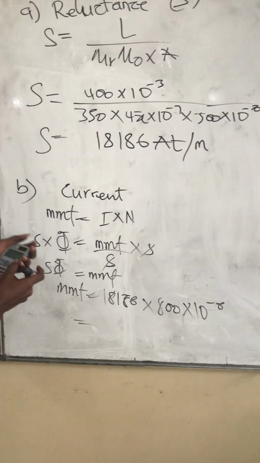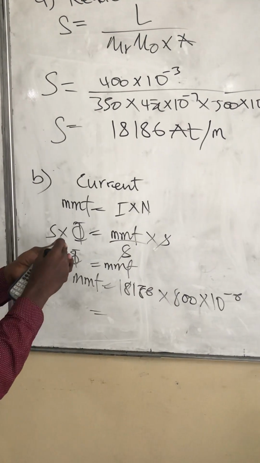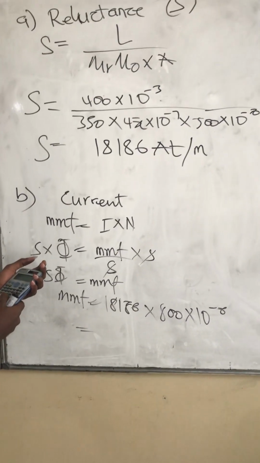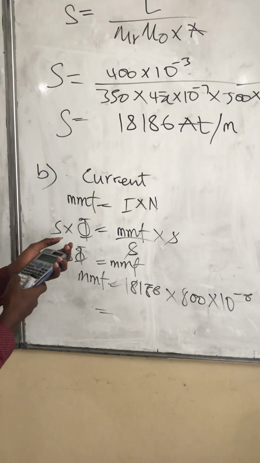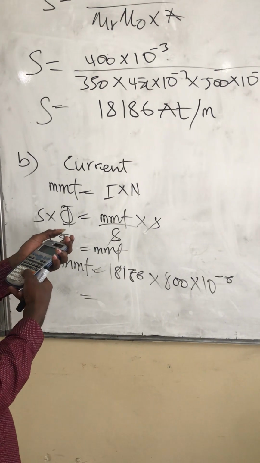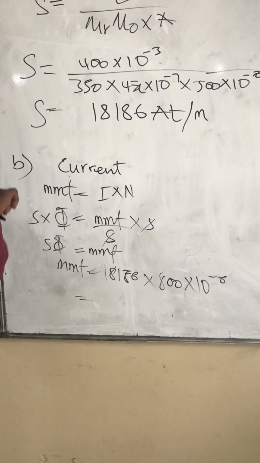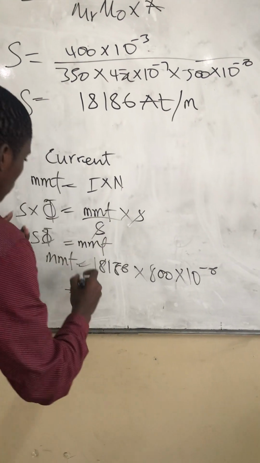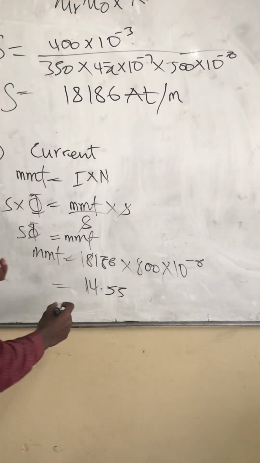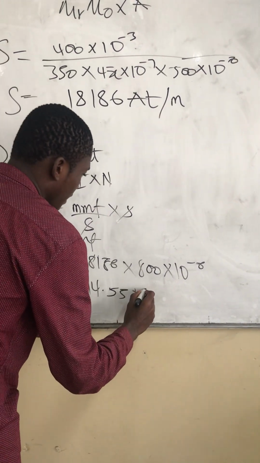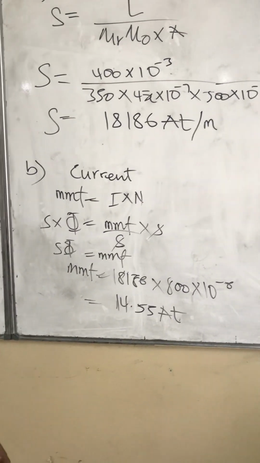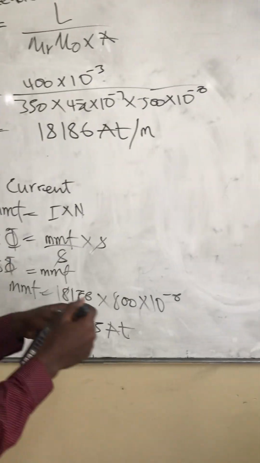Now our magnetomotive force is 14.55 amps per turns. We are only having current and number of turns, so we will not include the meters as we did in the previous one.